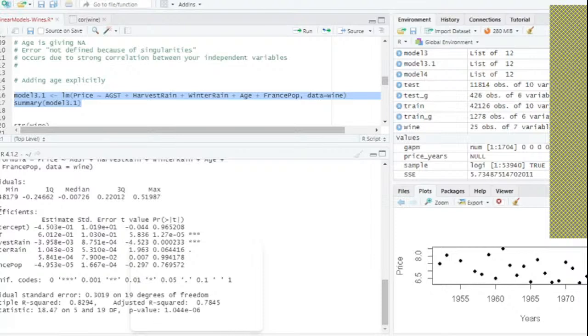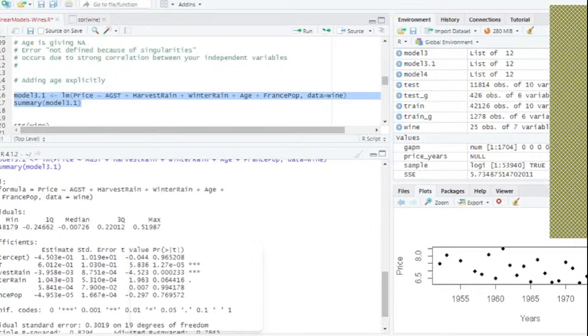First, let me start with residuals. Residuals, you know, these are the errors, right? It is giving you the minimum error and maximum error. Who will tell me how many data points we had? If you had seen structure, you can run structure and tell me how many data points we had. 25, yes.